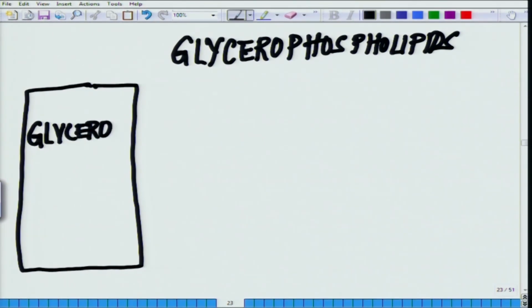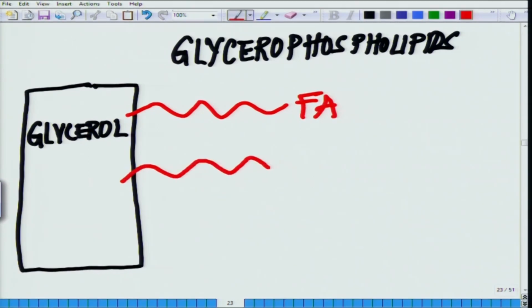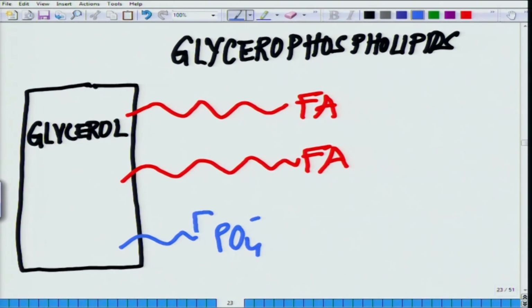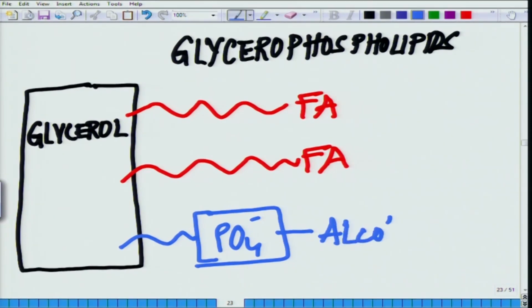Glycerol, which you have this fatty acid attached, you have the second fatty acid which is attached. Then you have some modification. You have this bond and you have PO4 or a phosphate group sitting there, and attached to the phosphate group is an alcohol or an OH group sitting there.